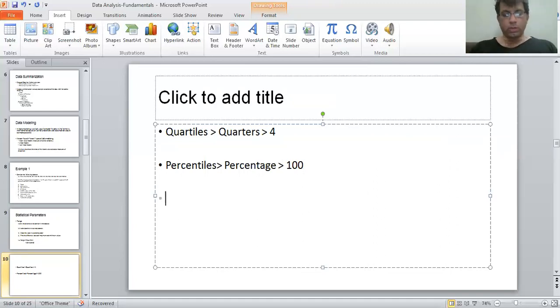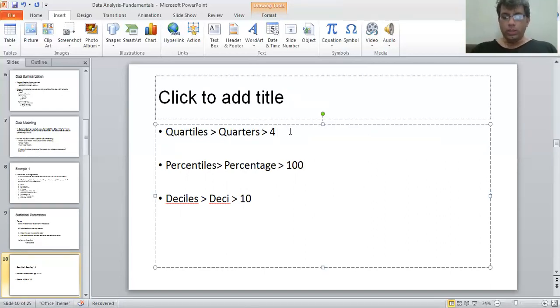And decile is a word taken from deci, and deci means 10. I'm writing some keywords here so that you will always remember by their name what we are trying to find. So deciles mean dividing the data into 10 equal parts. That's why these are called the deciles.